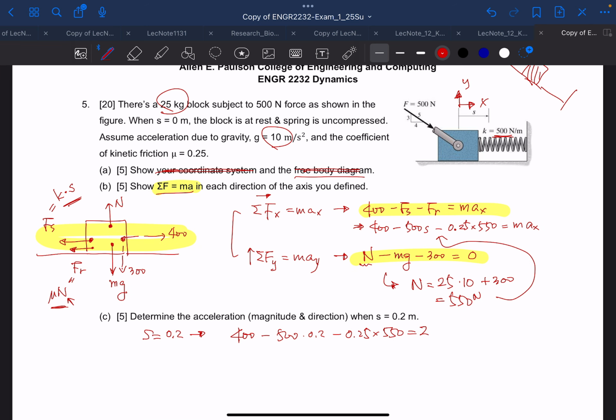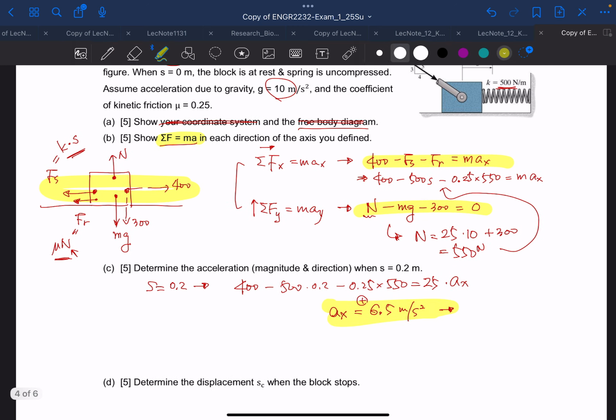Is 25 times a_x. And if I do the math, this should be something like 6.5 meter per second squared, and it's a positive value, so it's going to the right direction. Okay, so that was pretty straightforward.